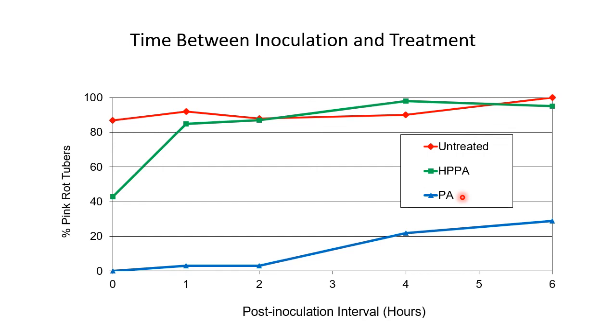It just does not move very well. Now, you can make an aerosol or a humidification application of hydrogen peroxide, peroxyacetic acid. However, think about this time effect. If you wait a certain amount of time from exposure to when your treatment, you're not going to have good effect. And so this is why that post-harvest spray as they're going into storage is so important, rather than waiting till later.